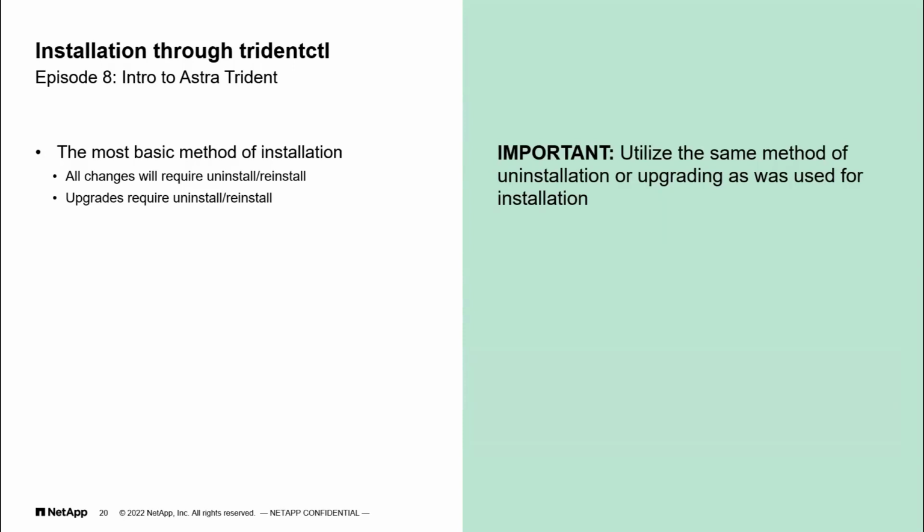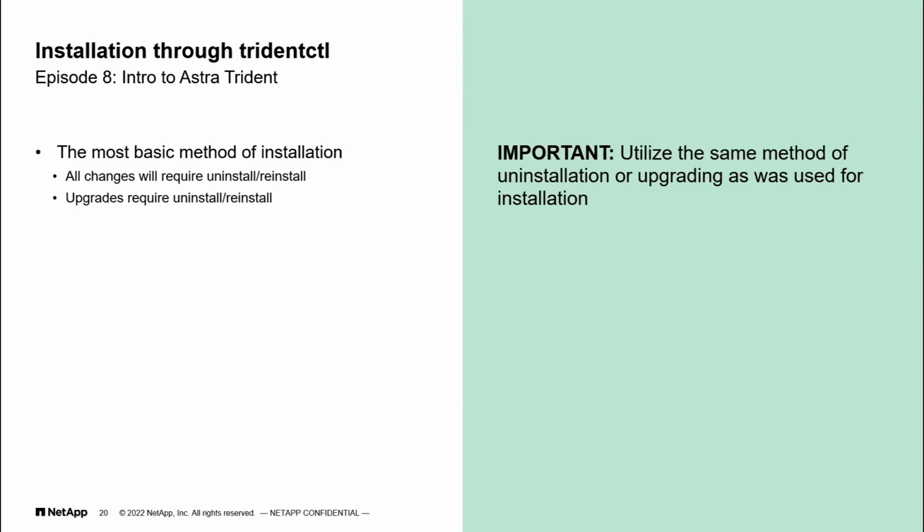So any changes that you want to make through Trident, or any upgrades that you want to do, will require an uninstall and then a reinstall of Trident. An important note to know about is that whatever method you use to install Trident is going to be the same method you use for either upgrading or uninstalling.